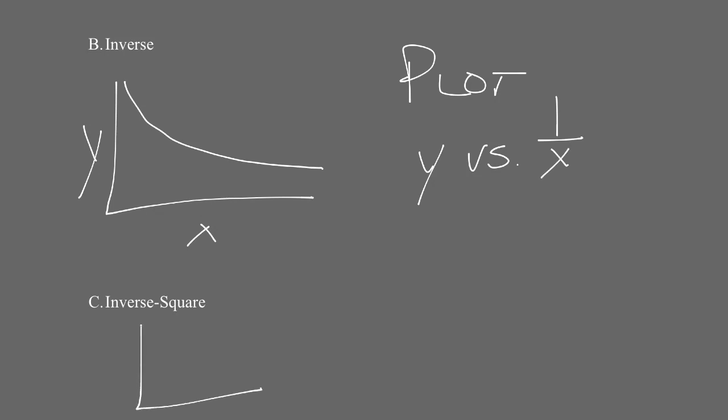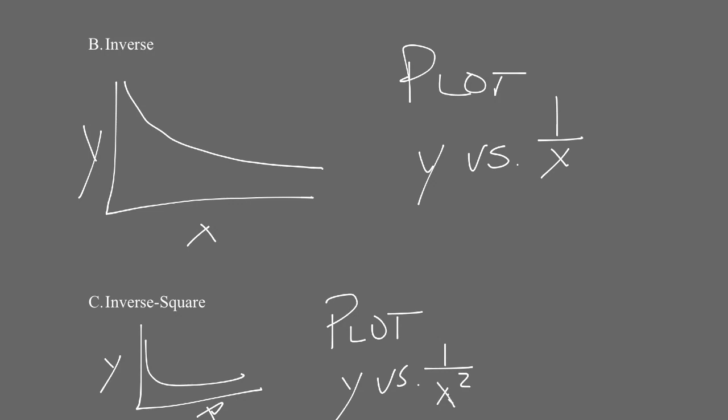Inverse square is a very common one that we see in physics. Coulomb's law, universal gravity, where instead of plotting y over x, you would want to plot y versus 1 over x squared. And typically you will see people plot the inverse, 1 over x.